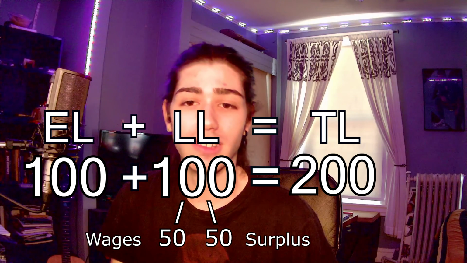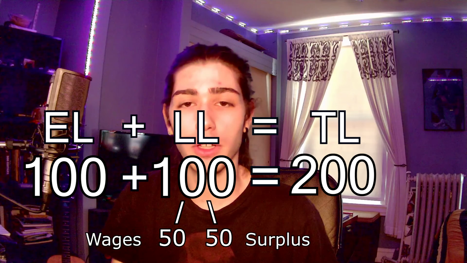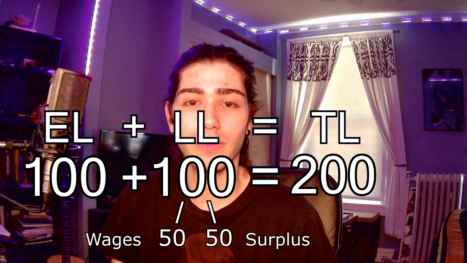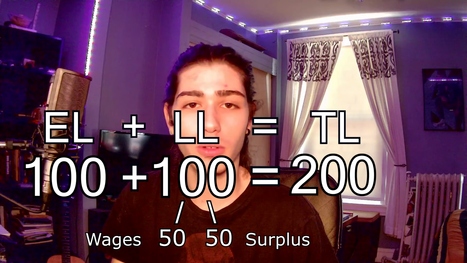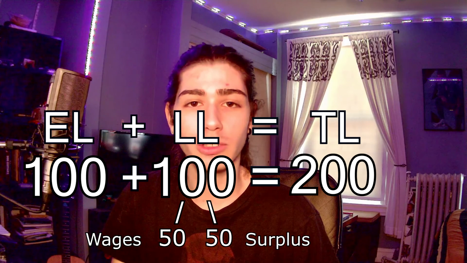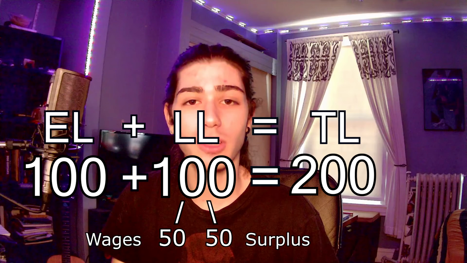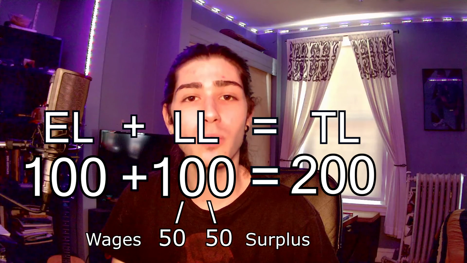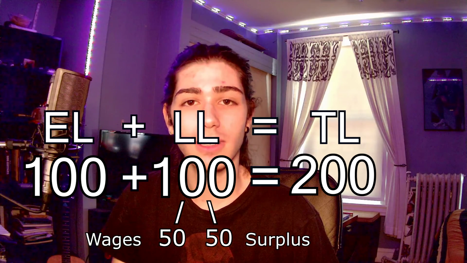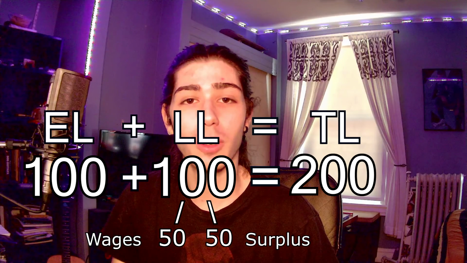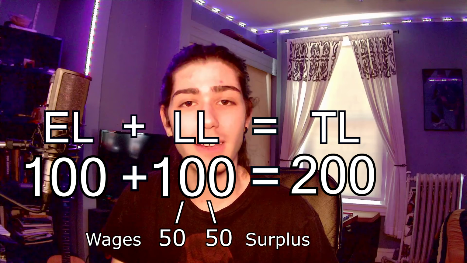So with that being said, this is the full equation. Embodied labor plus living labor equals total labor. 100 plus 100 equals 200. But if you work for a capitalist, the only way they are able to profit is by only paying you a portion of what you create.